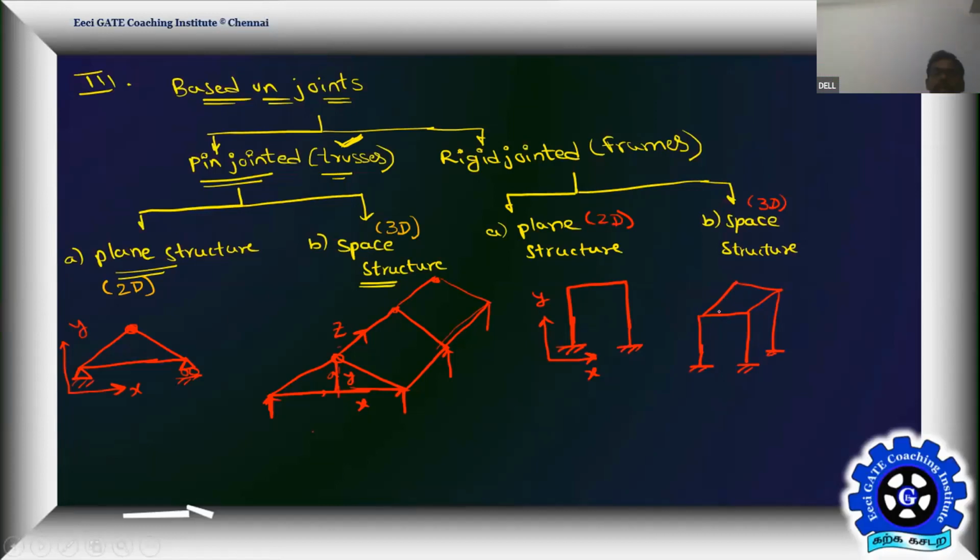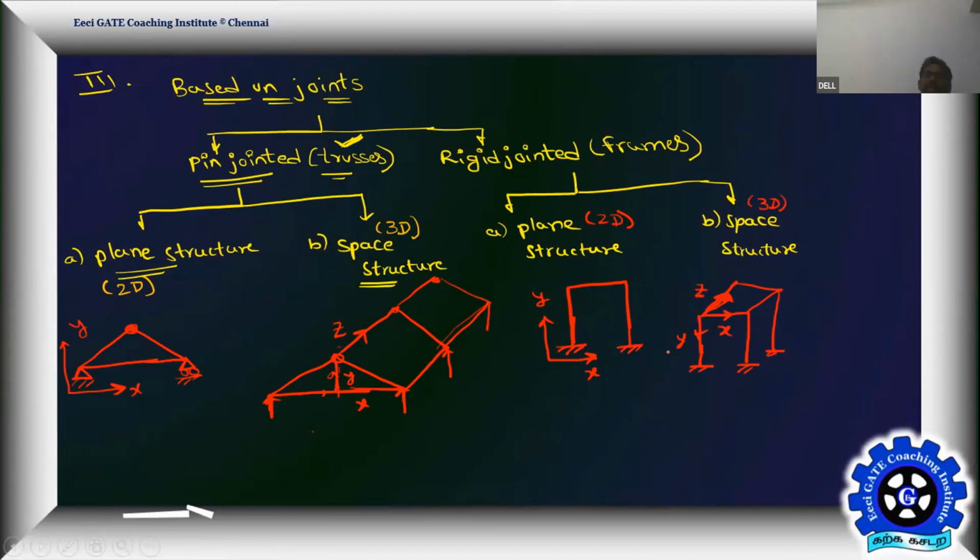We have 3 dimensions here. X, we have Y, and we have Z. What structure is it, madam? Space. 3 dimensions are there. Now, did you understand the difference between all these?